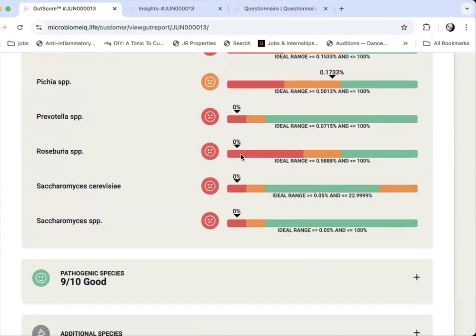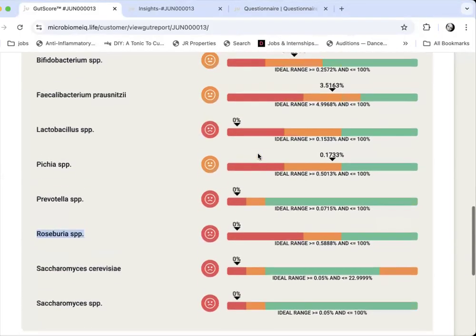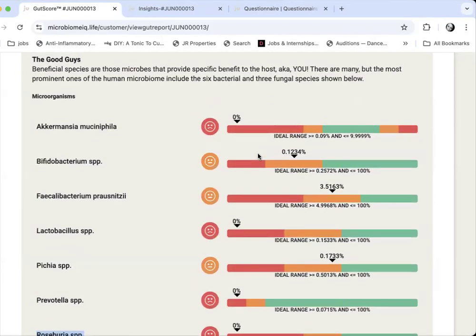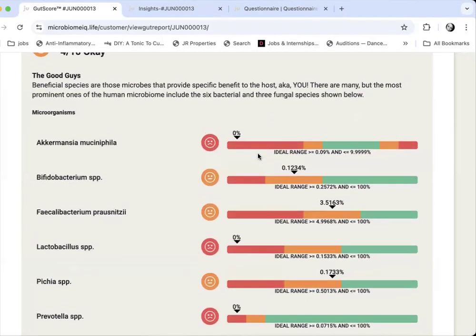Whereas if you see the red bar on the left-hand side, then that means that for that specific genus of bacteria or fungi or phyla, we really only want to clinically intervene if it's too low. So that's just a brief thing I forgot to mention earlier that might be of help for understanding some of this to some people watching.